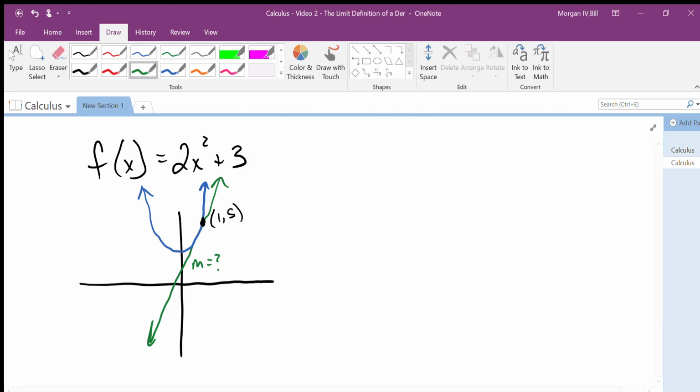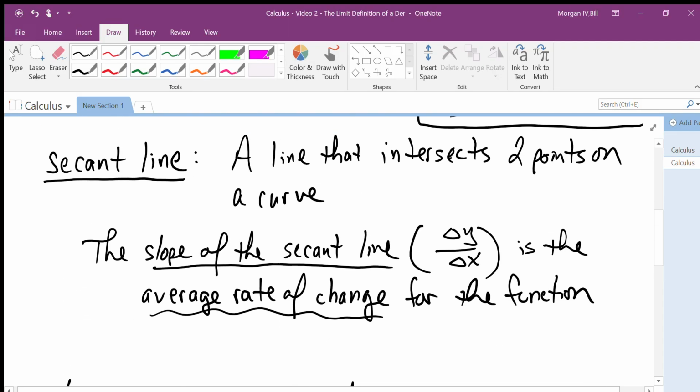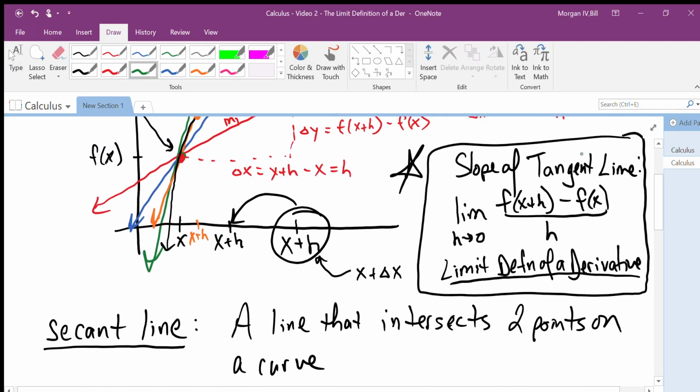That is the limit definition of a derivative. So here's how we do that. We take the limit as h goes to 0. We're using the formula we have starred up above: the limit as h goes to 0 of the change of the y value, f of x plus h minus f of x, over the change in the x value, which is just h.